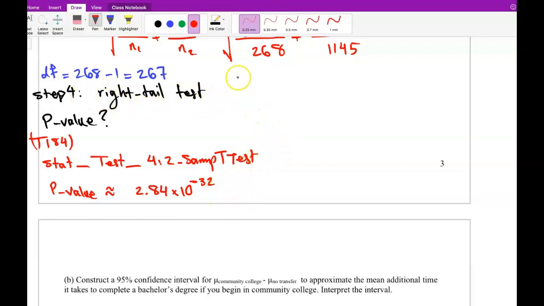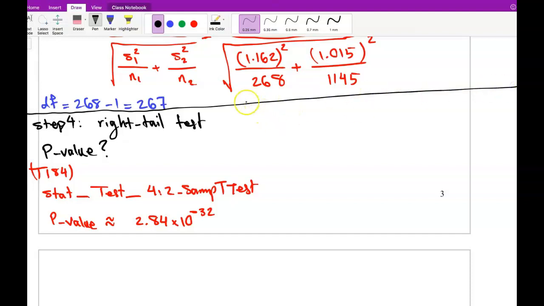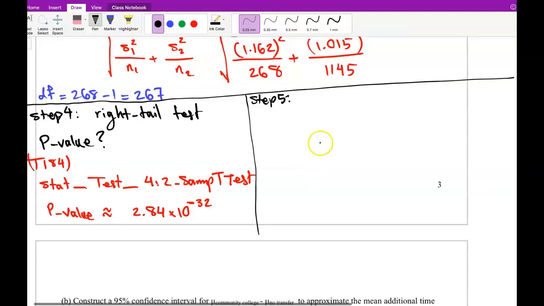Okay, then step 5. Is p less than alpha.